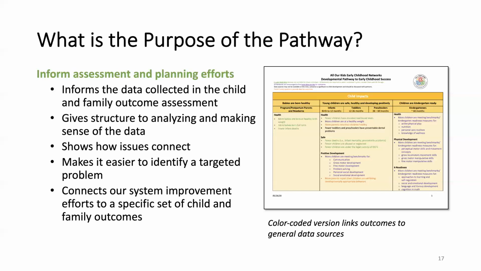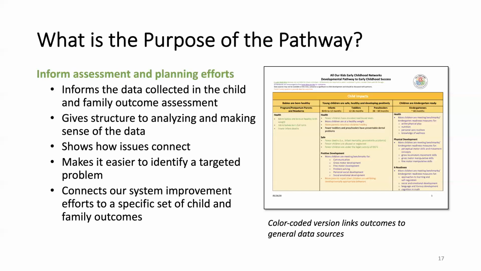This will make more sense in a little bit, but the way this framework is designed and the way we use it to inform the child and family assessment process also makes it easier to identify what we refer to as the targeted problem at the end of that process. While we start out very broad and assess all these different outcomes, in the end, you're going to be summarizing just the problems that you identified through the assessment and analysis process.